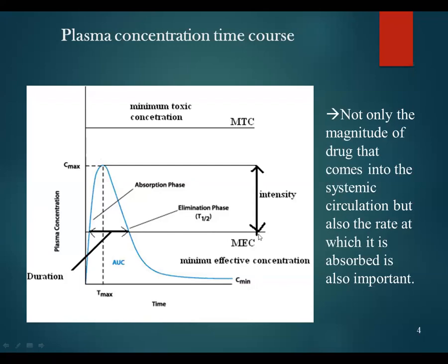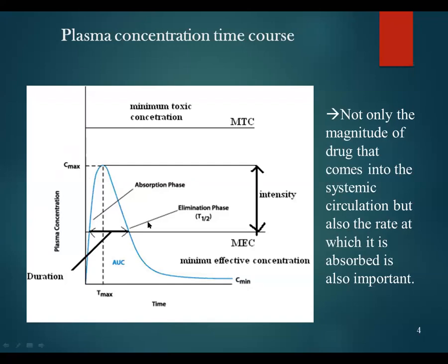For any drug to exhibit its therapeutic action, the concentration of the drug in the plasma should be above this. If the graph is below this effective concentration, then even though the drug has entered the body, you cannot expect any pharmacological action.